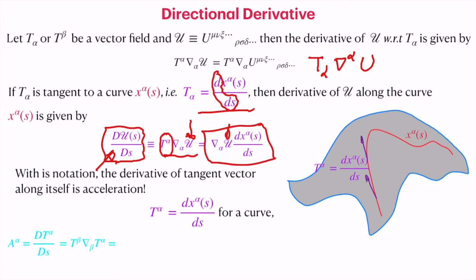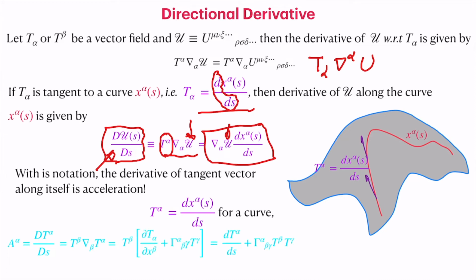Now we can take the directional derivative of the tangent vector along the curve to denote acceleration, and we have a^α = DT^α/ds = T^β ∇_β T^α, that is, take the covariant derivative of the tangent vector T^α and take the dot product with T^β, and that is what you get.